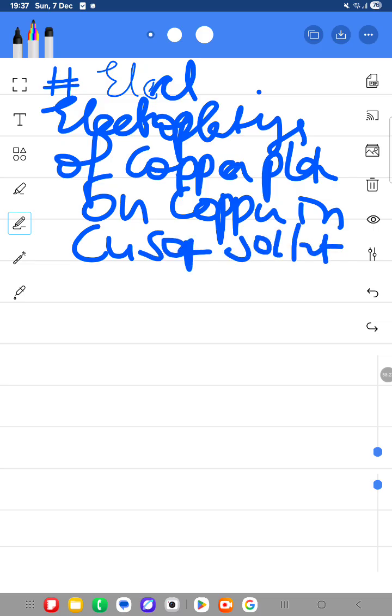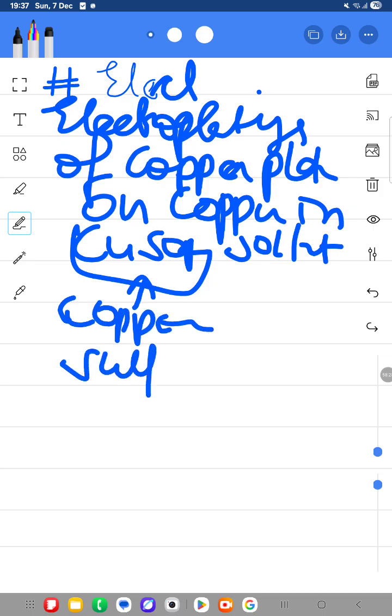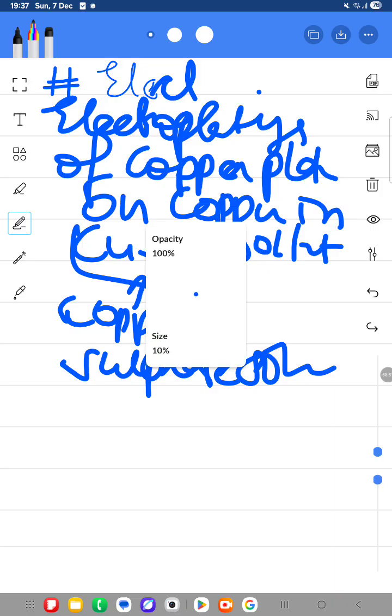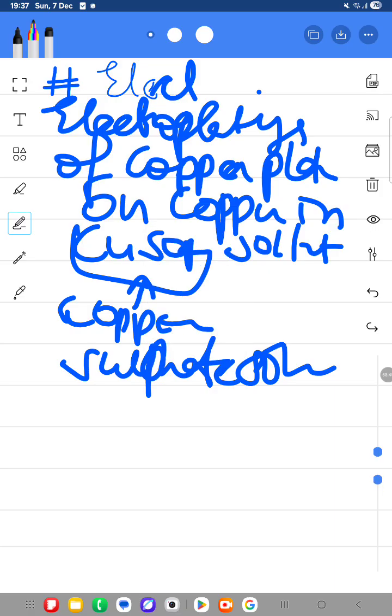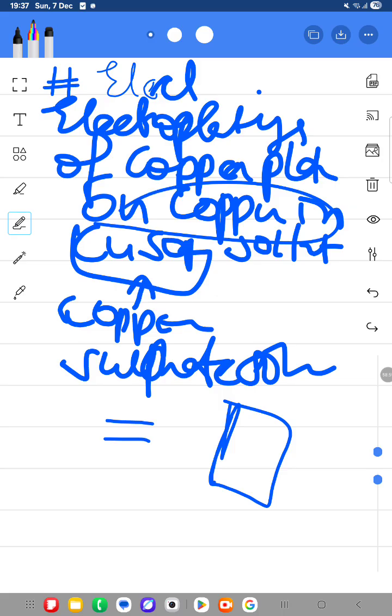CuSO4 means copper sulfate solution. Let's understand this heading. Electroplating of a copper plate means a copper plate is there, and we have to electroplate it with copper only, putting a layer of copper on a copper plate in CuSO4 solution. So I'll explain that.